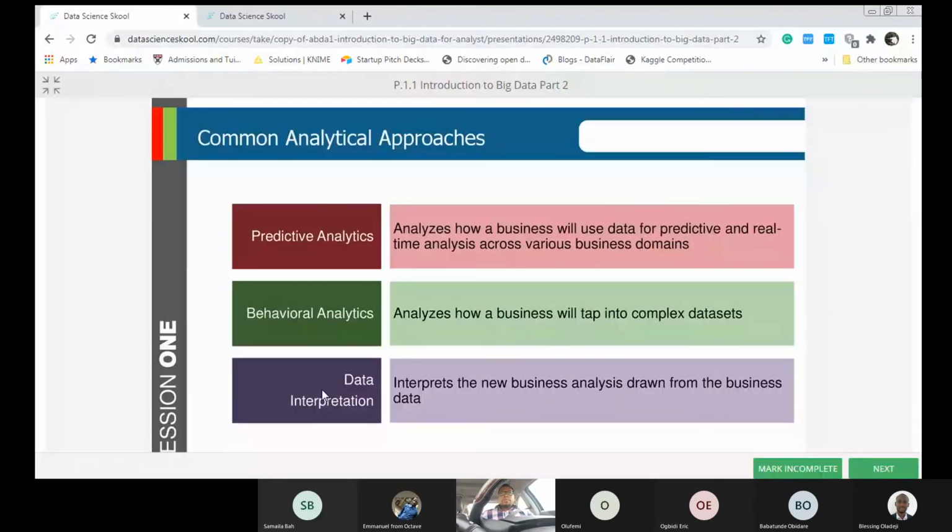Okay, so I was talking about behavioral analysis before I got disconnected. In HR analytics, for instance, you can analyze employee engagement.